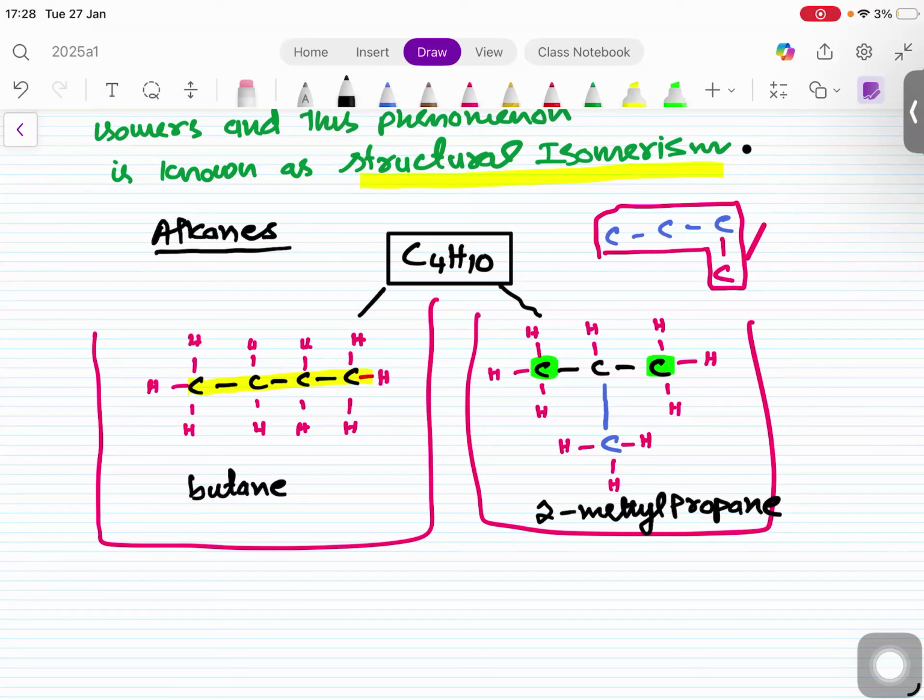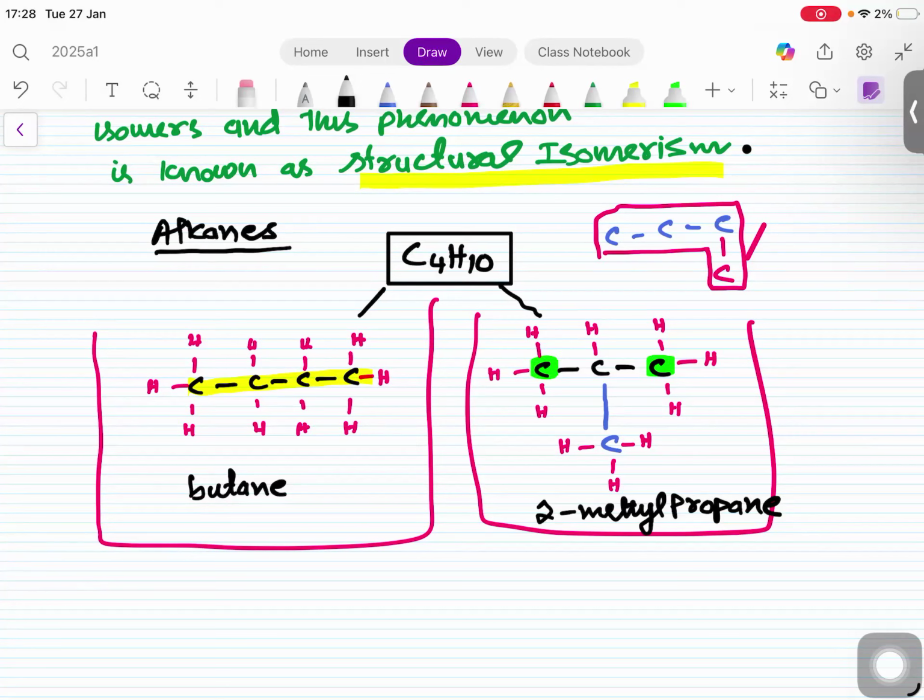The general formula is the formula which represents a whole group of compounds, could be thousands of them. For example, the general formula of alkanes is CnH2n+2. This is for all alkanes, even if they are not isomers. For example, methane and ethane are not isomers, but their general formula is the same. General formula represents a homologous series, the whole group.